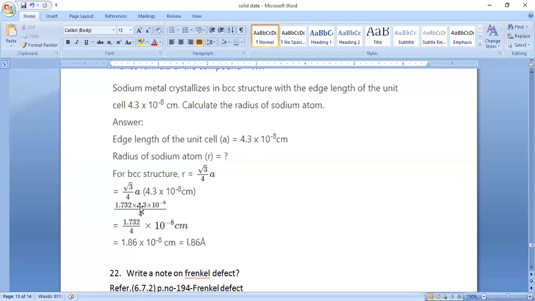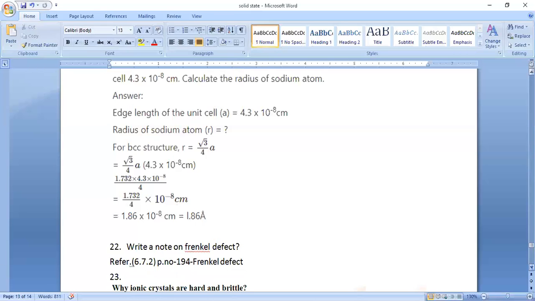We multiply these two numbers and divide by 4, and we get 1.86. So this 10 power minus 8 centimeter is coming here. So we are getting 1.86 angstrom.